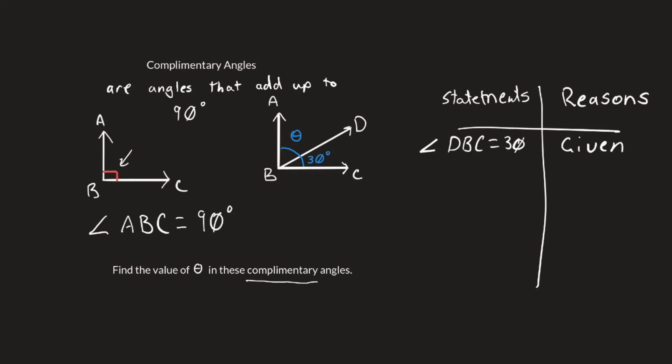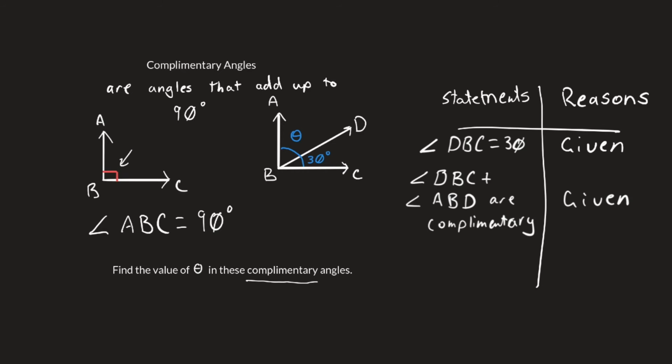So we know that angle DBC plus angle ABD have to equal 90 degrees, or rather, are complementary. And we know that because it has been given to us.